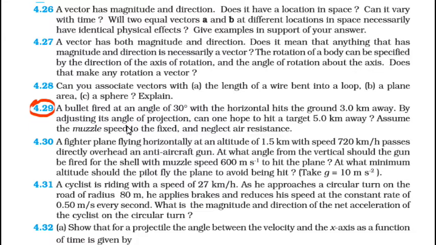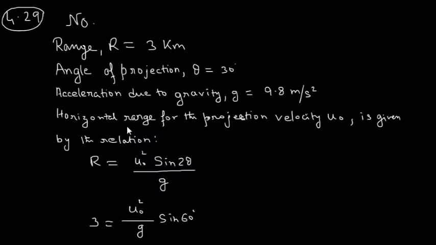By adjusting the angle of projection, can one hope to hit a target 5 kilometer away, assuming the muzzle speed is fixed and neglecting air resistance? No. Range R is equal to 3 km.